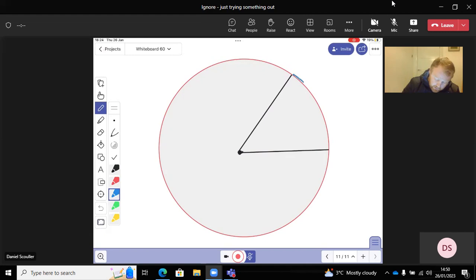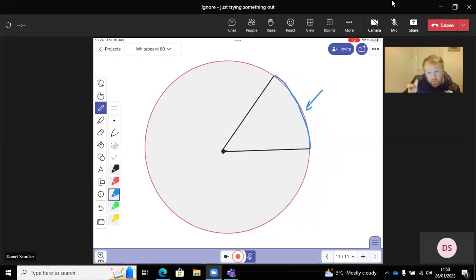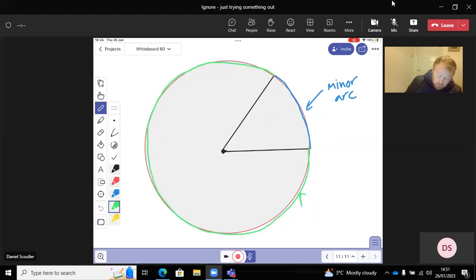If we take a wee sector of that, just the outside line, the outside surface, that's going to be the minor arc, and then all the way around the rest of it, that's going to be the major arc.